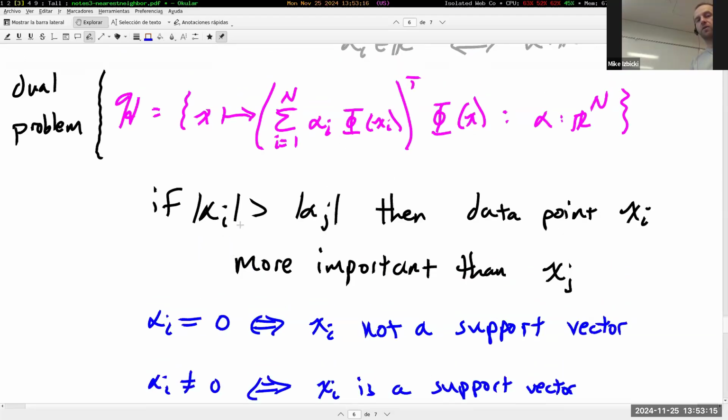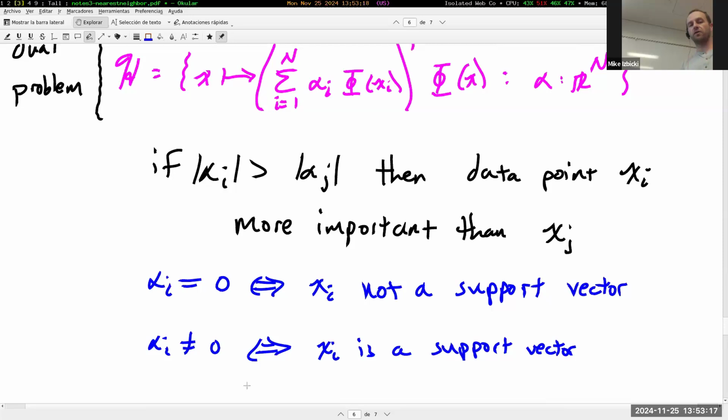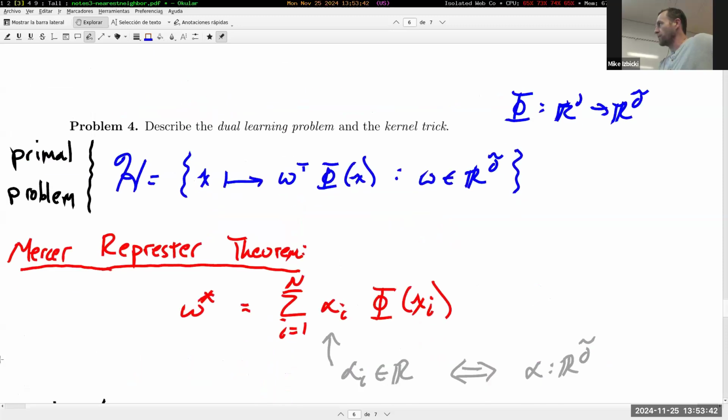Many of those alpha values will be equal to 0, so this alpha vector will be a little bit simpler; it will most likely have many zeros inside of it. Alpha is most likely sparse. So that is the dual problem.